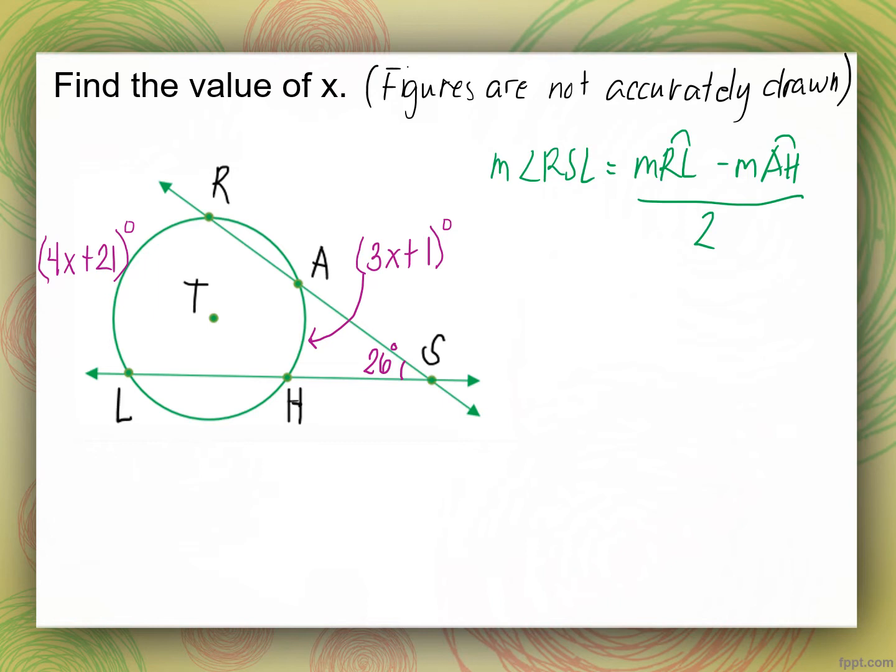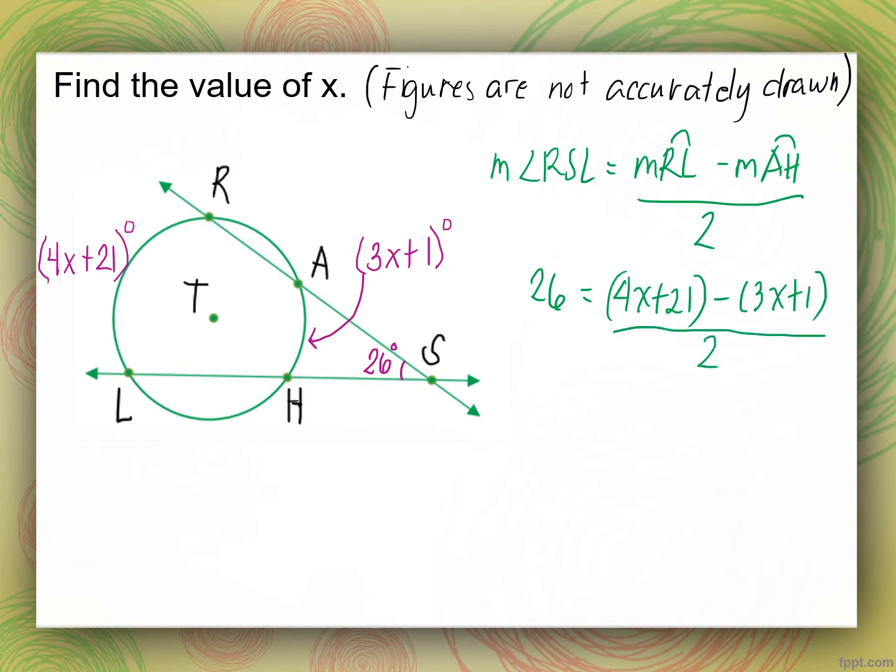So we have the measure of angle RSL is 26 is equal to the measure of arc RL is 4x plus 21 minus the measure of arc AH, which is 3x plus 1, okay, divided by 2.